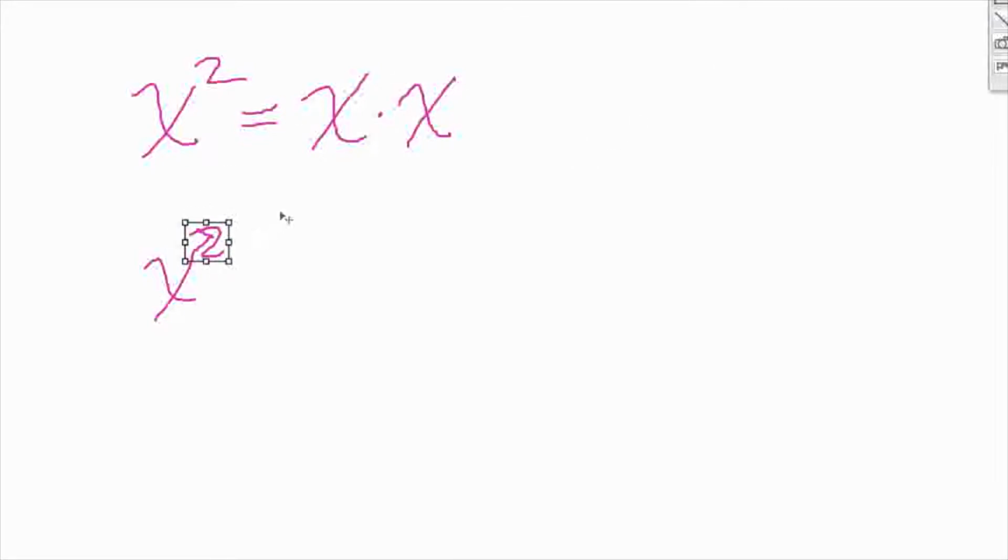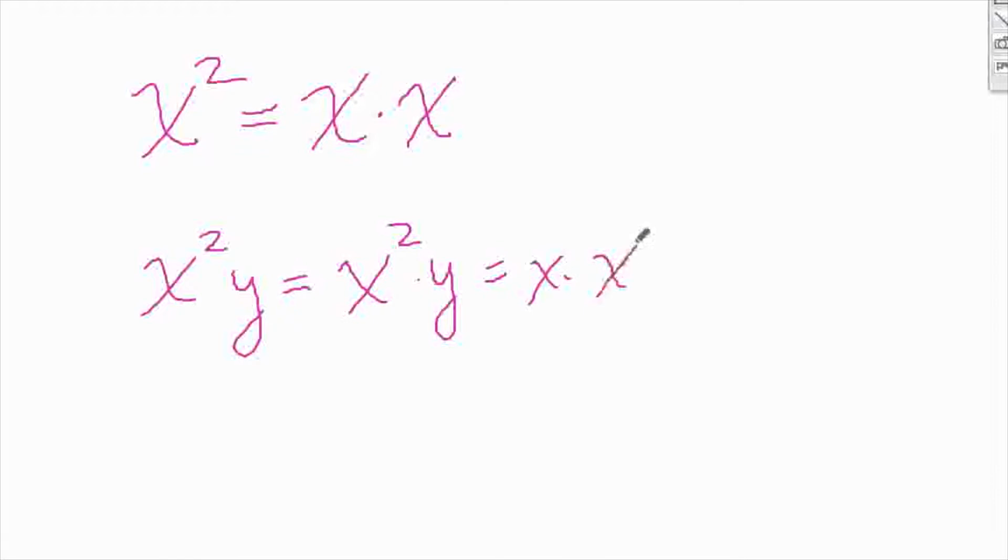For example, x squared, you can think of that as x times x. x squared y is equal to x squared times y, or x times x times y. And I'll go ahead and add the 1.